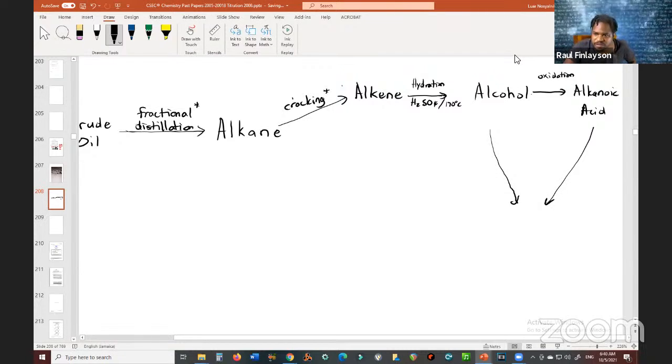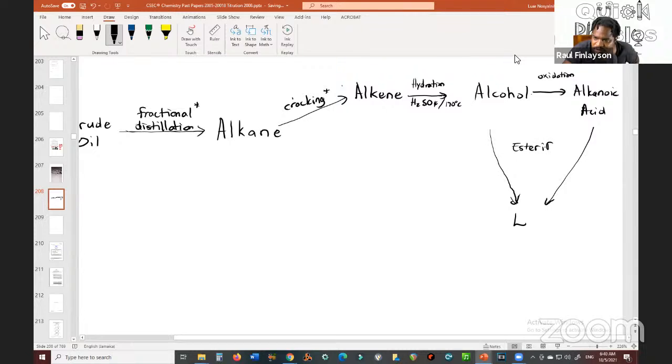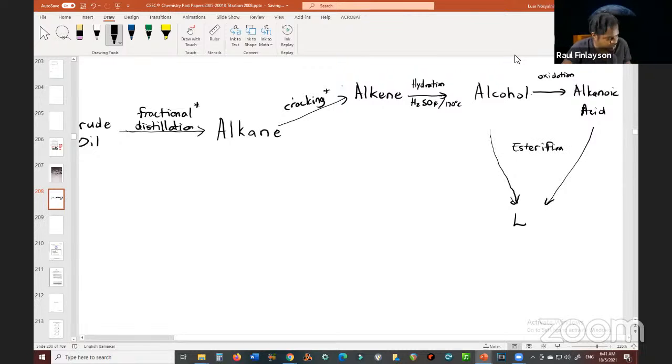All right. The process by which you combine them is esterification. That's the name of the reaction. Esterification. This is where we make an ester. And an ester is another compound that's responsible for fragrances.